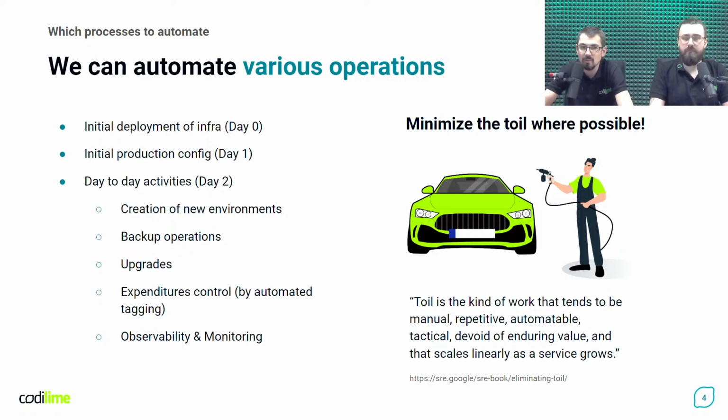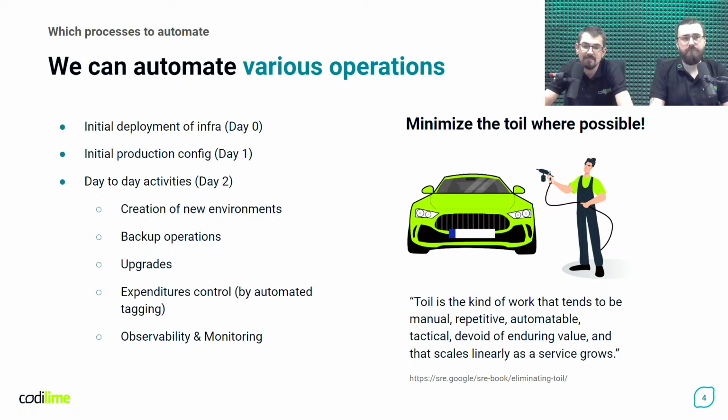So we should automate the initial deployment of infrastructure, very often called day zero. We should as well automate the configuration of the initial production config, so for example, configuration of DNS servers, radios, DHCP. This is very often called day one.